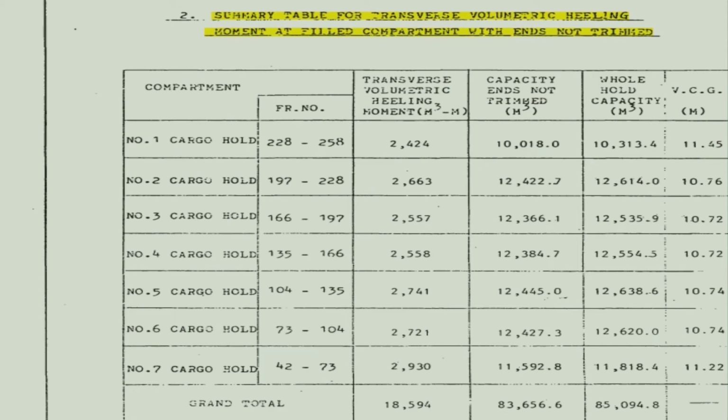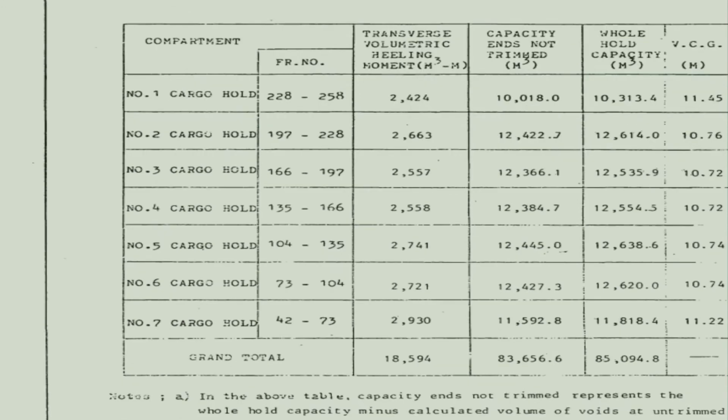So it is very important to know during our calculation that we are using the correct table to get the correct value for volumetric heeling moment. This is the major difference, this table.